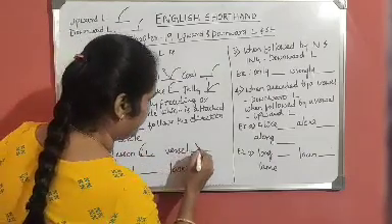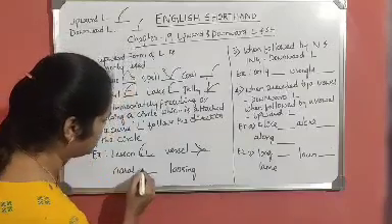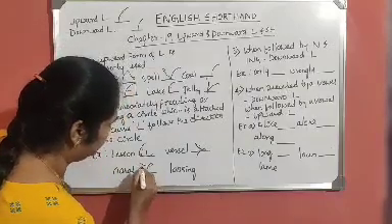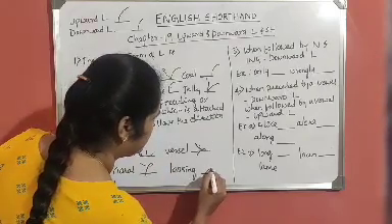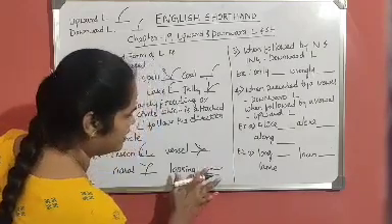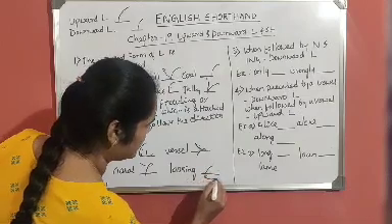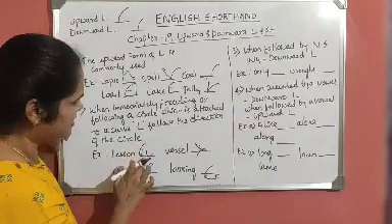Then vessel: V, circle S, L. Here, A vowel, nasal: N, circle S, L. Losing: L, circle S, ink. Losing, we have to write like this.